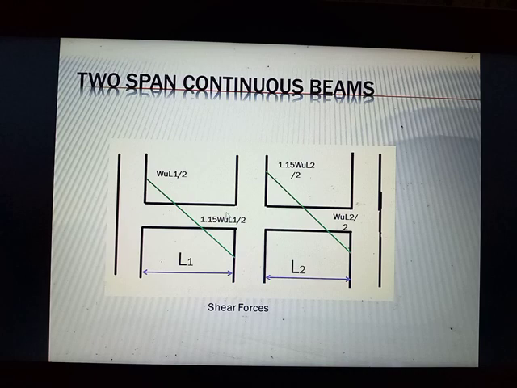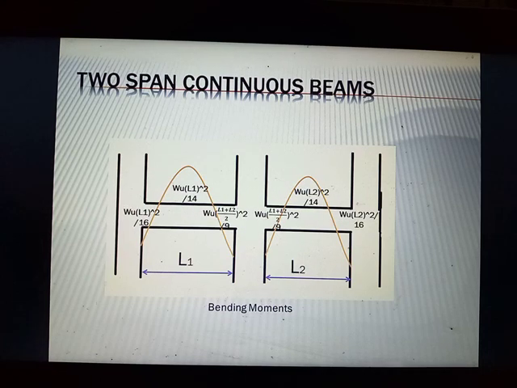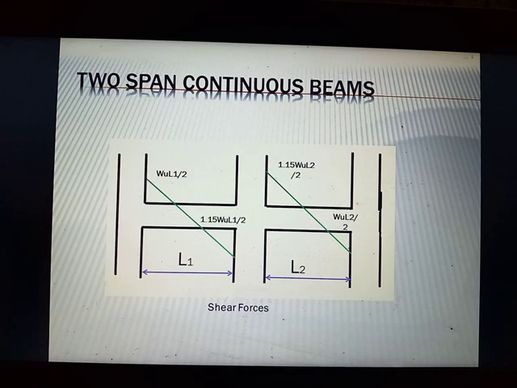So the adjacent formula is only applicable for bending moments, but for shear forces you take directly the length of the beams to replace the LN in the general formulas. Okay, so this is it.